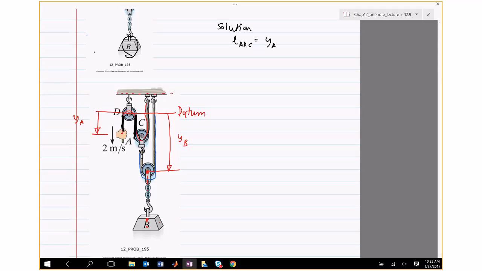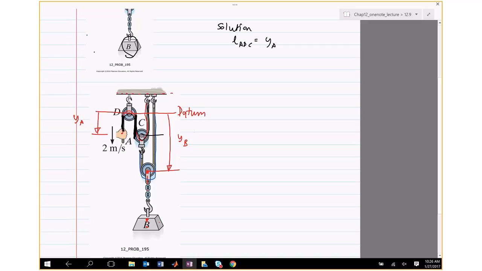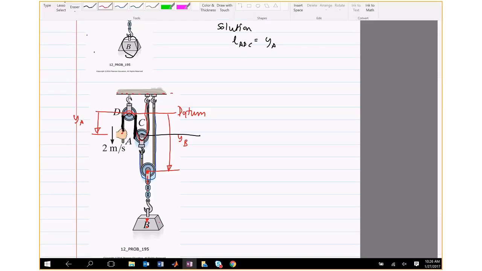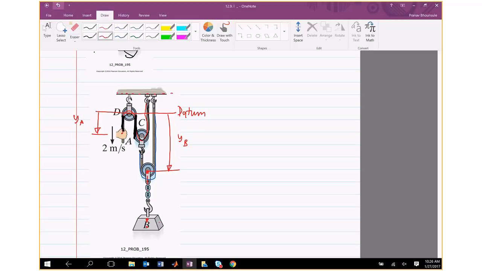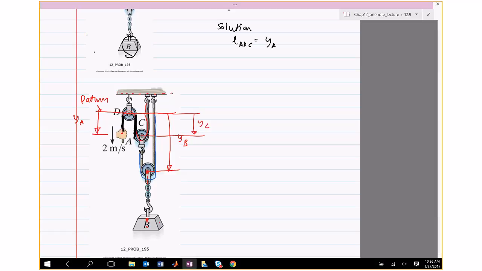Let me call it YC because it's going to give me the motion of point C. This is point C. Okay, this is YC. So YA is this, YC is this. Again, there'll be another YC. So it's YA plus 2YC.